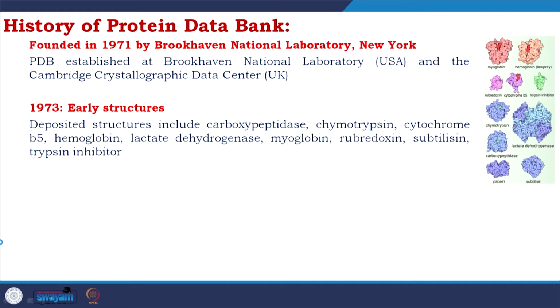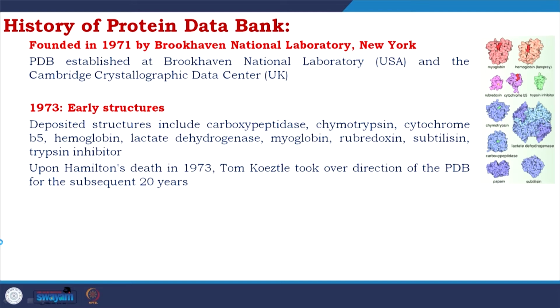So, the deposited structures include all those I talked about. Then Hamilton, who was the initiator, upon Hamilton's death in 1973, Tom Cosley took over direction of the PDB for the subsequent 20 long years.